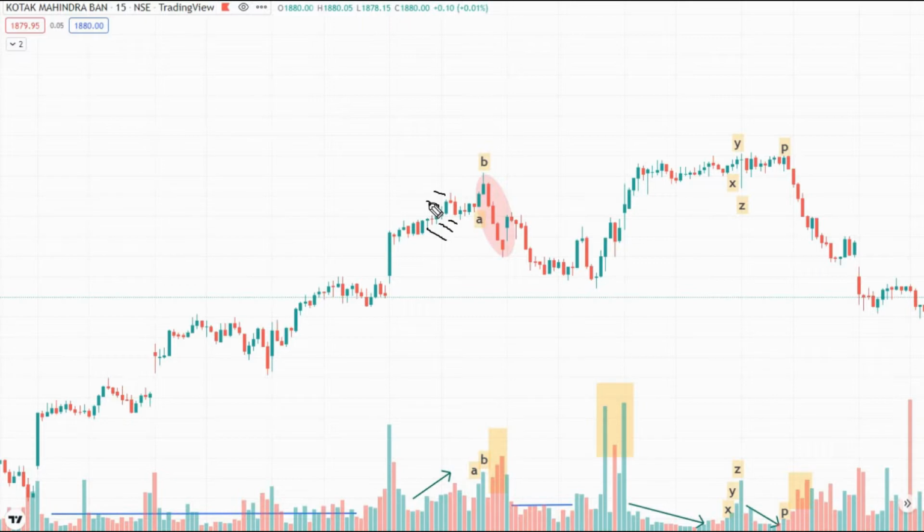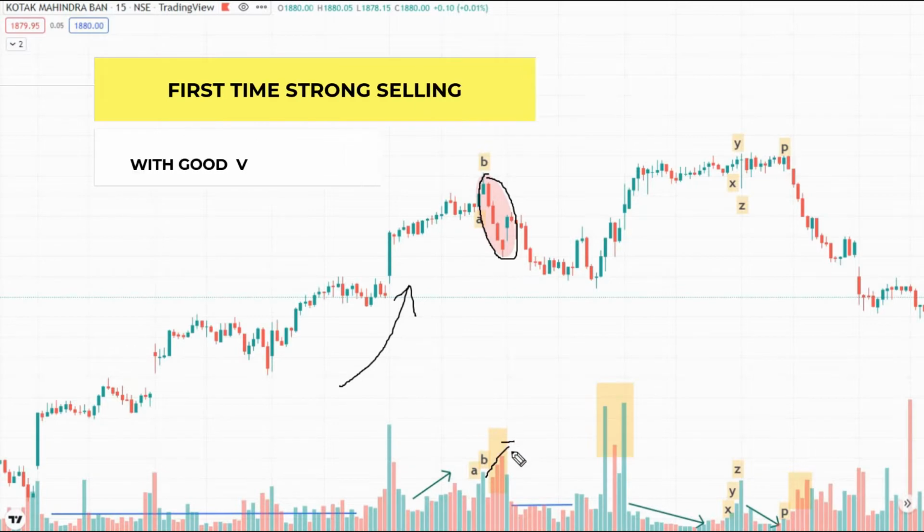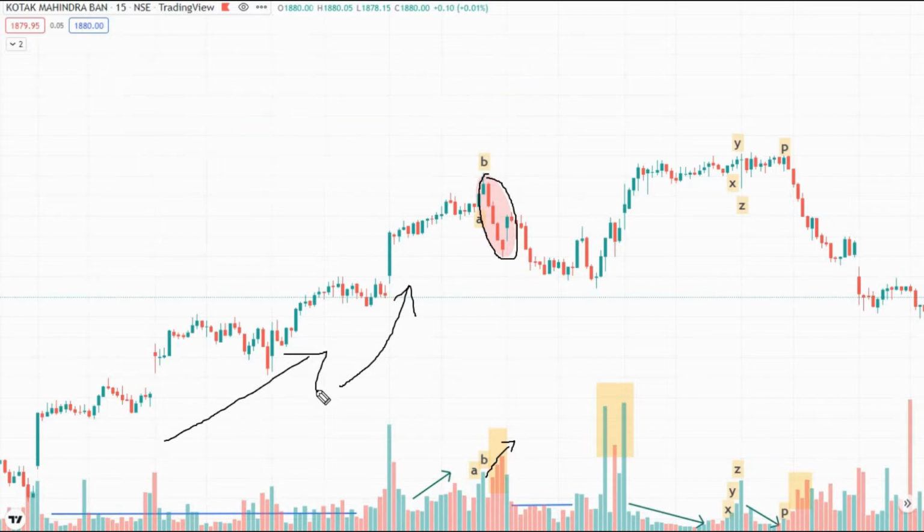Okay, now see what is happening. For the first time in this uptrend, we are seeing a strong selling momentum with an increase in volume. So what is this indicating? We were in a very strong uptrend with good volumes, but then suddenly the volumes have increased and the price behavior is showing us that the buyers are losing momentum.